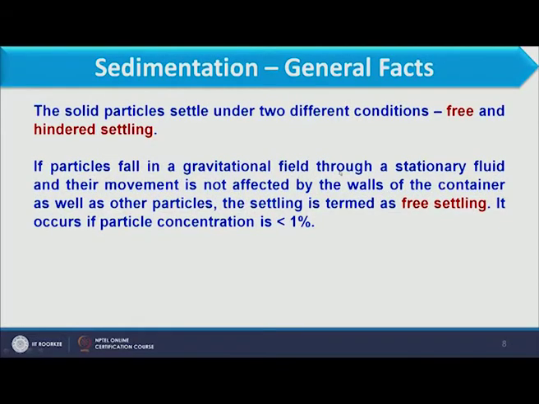Therefore, if the particle falls in a gravitational field through a stationary fluid and its movement is not affected by the walls of the container as well as other particles, the settling is termed free settling. So, when it settles with its own velocity without being affected by other factors, we call this free settling. Free settling occurs when the concentration of the solution is less than 1%.